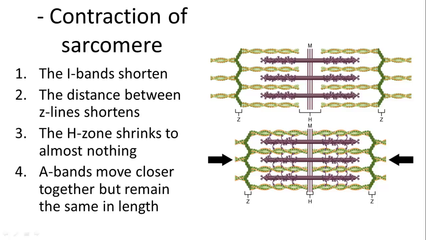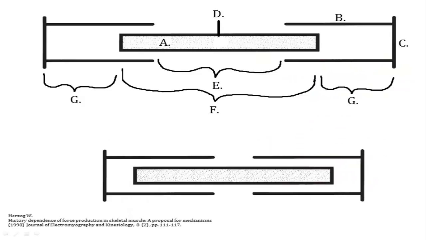And the A bands move closer together, but they remain the same length. Right? So this A band from one to the other is going to be closer together. All right. And this is an unlabeled thing we'll look at, or something similar, in lecture. But here is a more simple diagram of what happens in a relaxed and then contracted sarcomere.